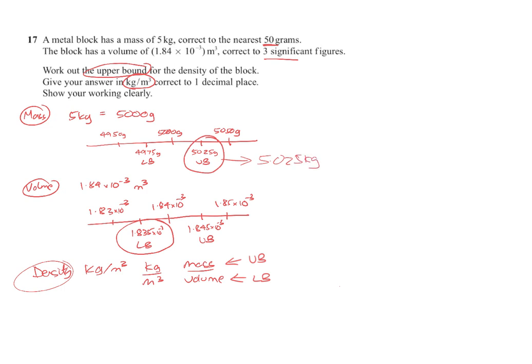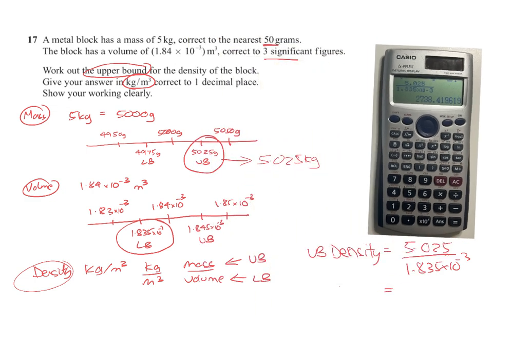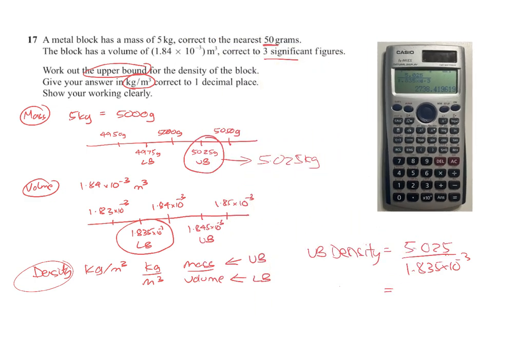So my upper bound density is equal to 5.025 divided by 1.835 times 10 to the minus 3, which when I do that on a calculator, there, I'm going to get the answer of 2738.419, and it carries on. Let's check the question. The question says to one decimal place. So it's going to be 2738.4 kilograms per meter cubed.